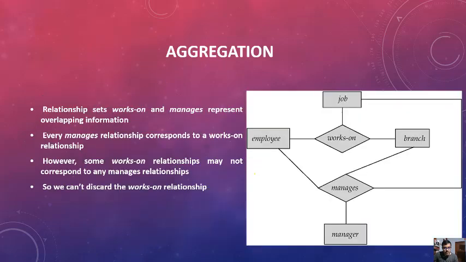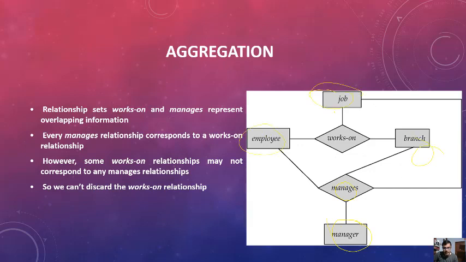However, this type of architecture is not easily understandable to our employees, it may be a hectic process, and the process becomes so complex. We cannot discard this works on relationship because it also relates the employee, job, and branch. So there are four attributes, four entities, and two relationships.